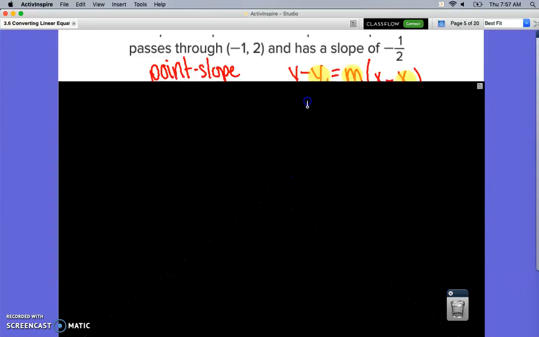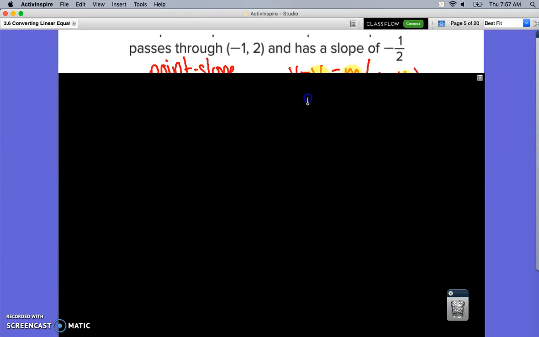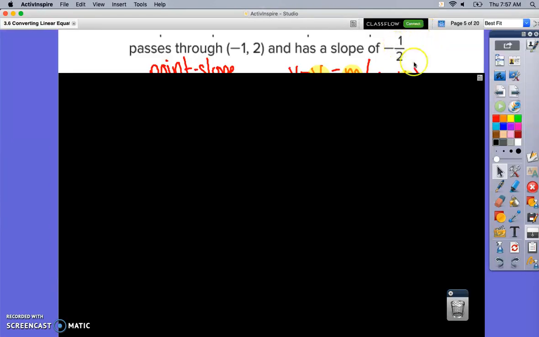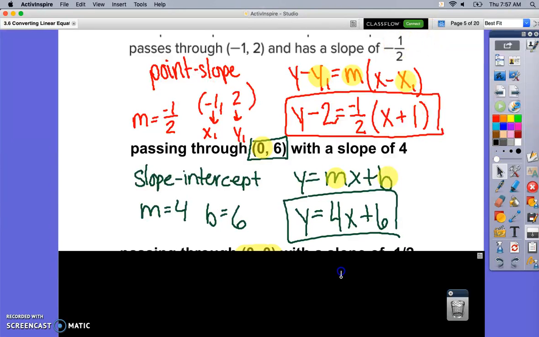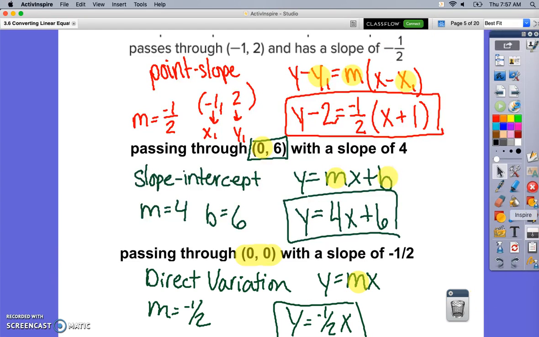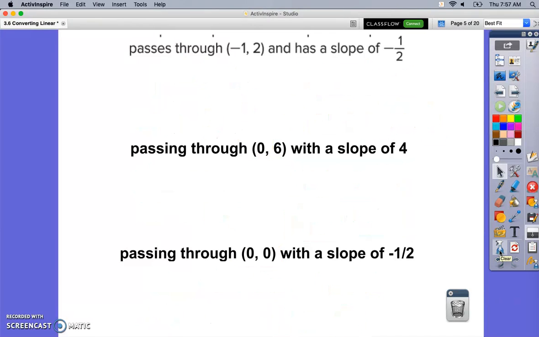Okay, so if it passes through a point and has a slope of negative 1/2, we are going to just substitute it into our point-slope form.